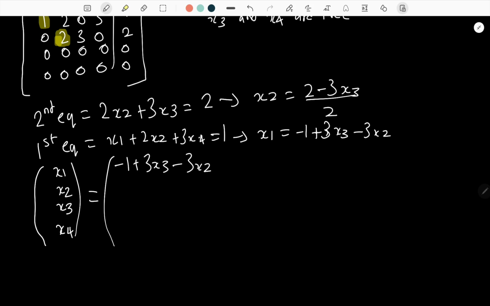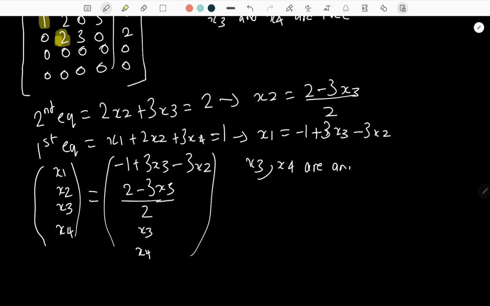Okay, then x2 is 2 minus 3x3 over 2, and x3 is just x3, x4 is x4, where x3 and x4 are any real number. So don't forget to write this also.